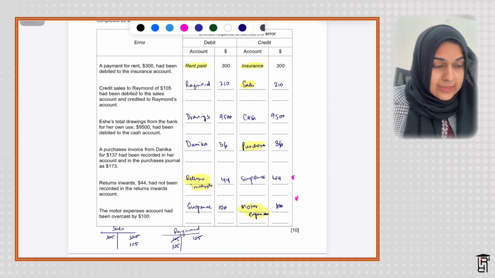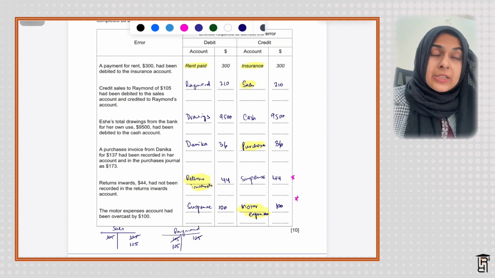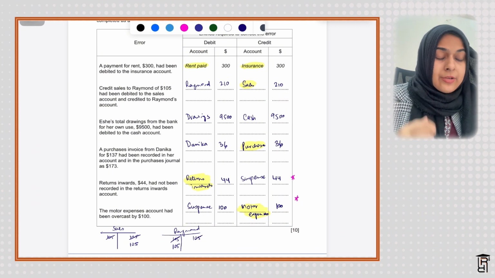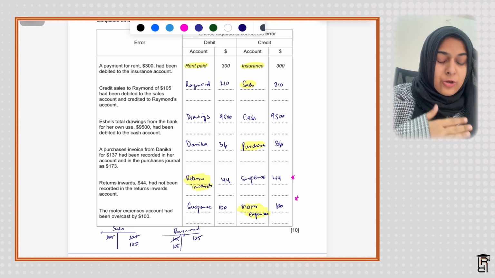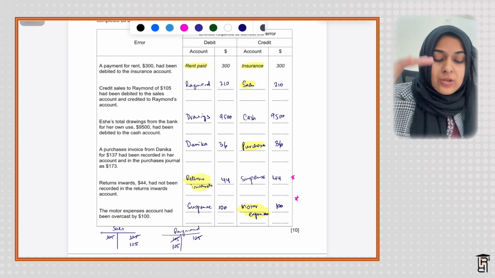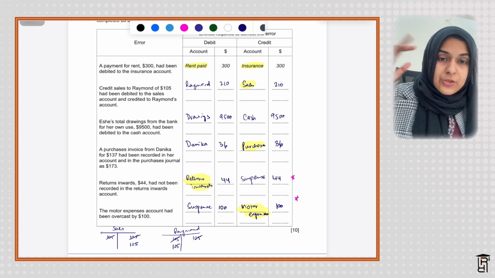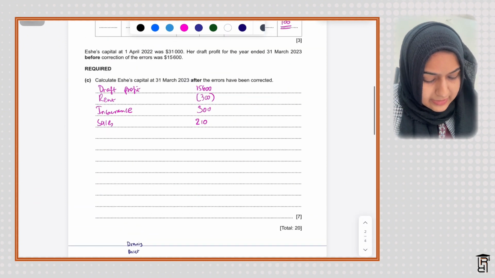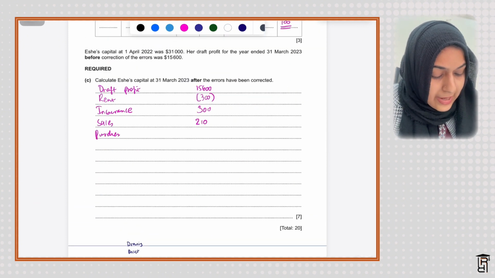If your cost of sales decreases, that means profit should increase. So whenever cost of sales decreases, profit should increase because revenue minus cost of sales is equal to gross profit. So if your cost of sales goes down, that means your profit should increase. So you will add 36 to this. So you write here purchases and you add 36.